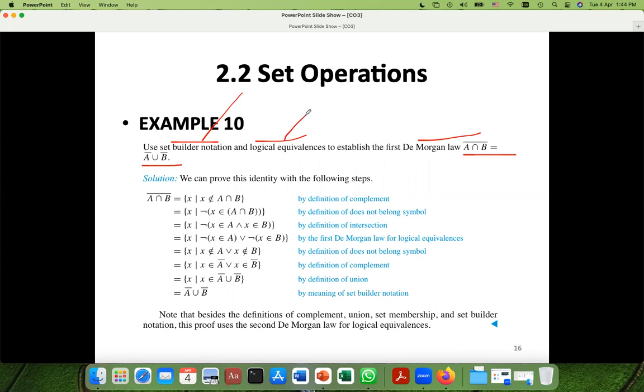The equations that you have seen in the previous chapters, by using those equations, you can replace the statements. This is called logical equivalence or the builder notation. Whatever is written here is basically the builder notation.